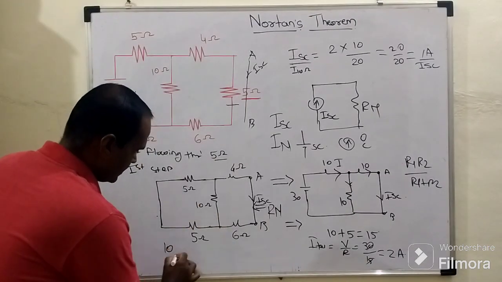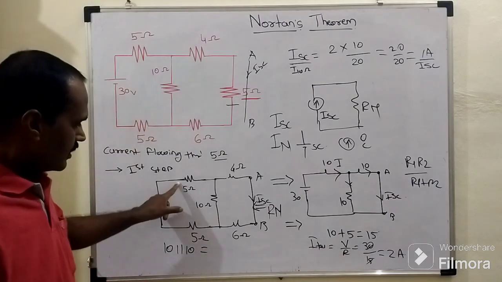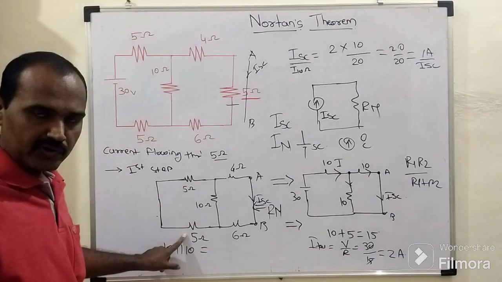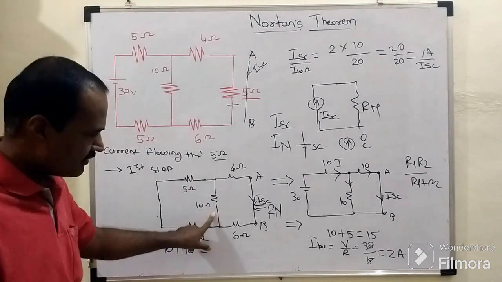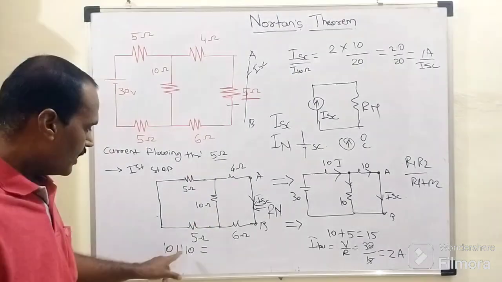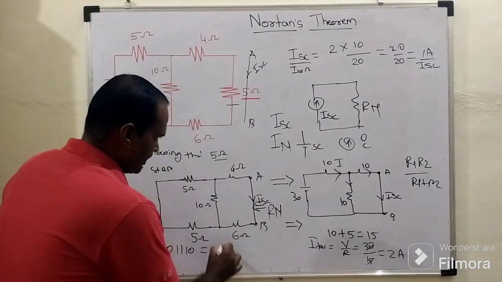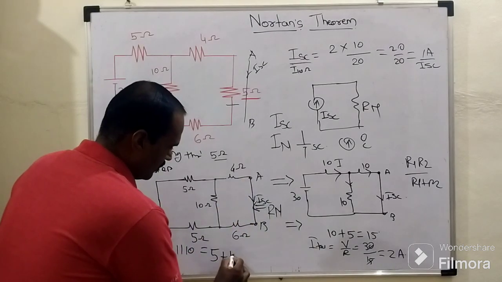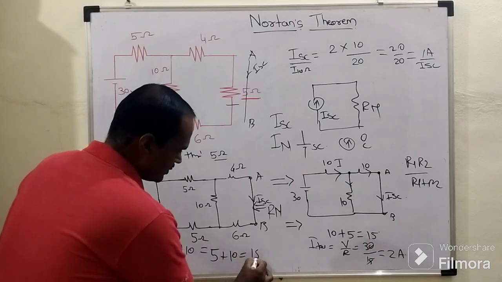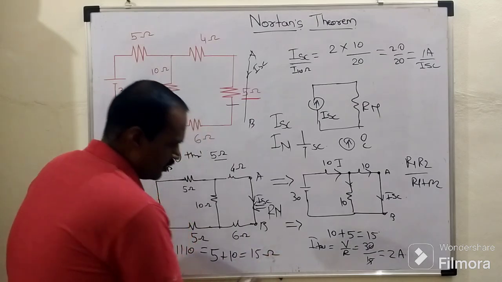This 10 ohm of resistor is connected in parallel with this 10 ohm of resistor, right? The summation of these two resistors, 5 plus 5 equals 10, is connected in shunt with this 10 ohm of resistor, because this 10 ohm of resistor is connected in the vertical arm. So 10 parallel to 10 is half of that, 5 ohm, and further this 5 ohm is connected in series with this 6 plus 4, 10 ohm of resistor. So the Norton's resistance equals how many ohm? The Norton's resistance equals 15 ohm.